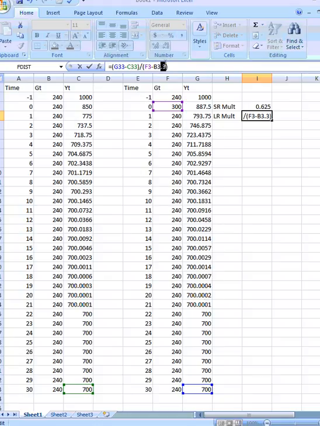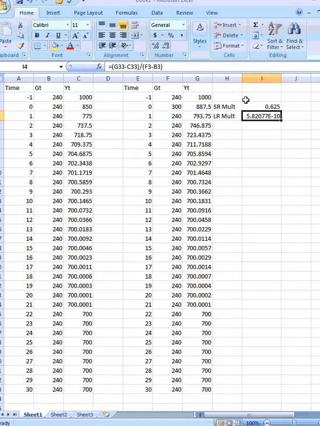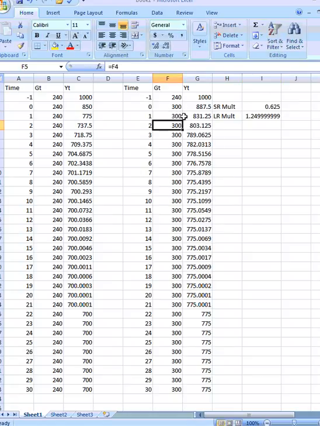Should be a B. Notice it's basically 0 because short-term changes have no long-term effects. Where if we change this back to 300, the long-run multiplier goes back up.